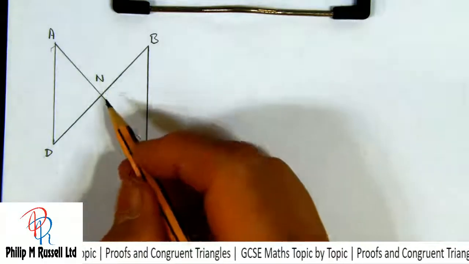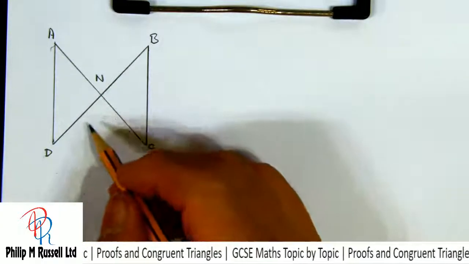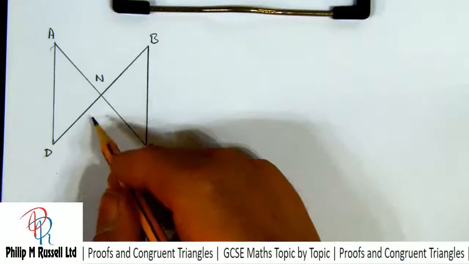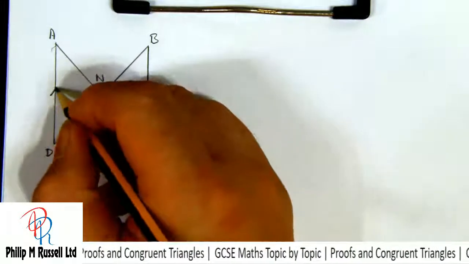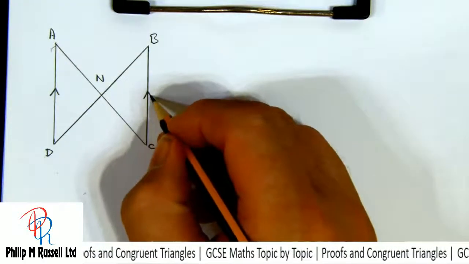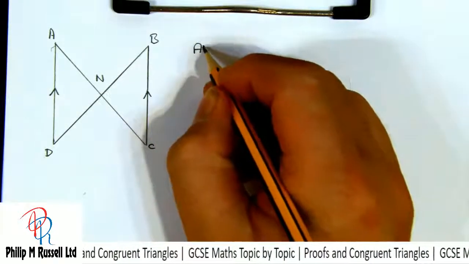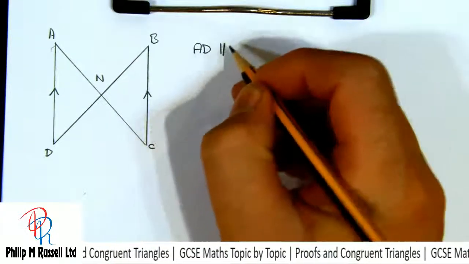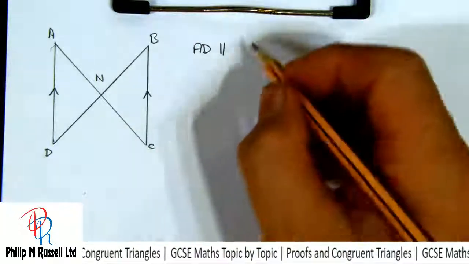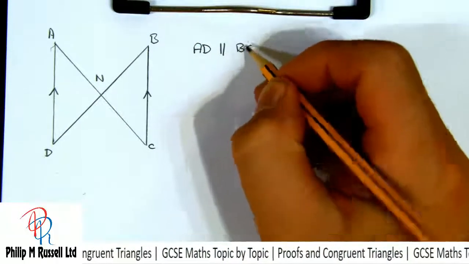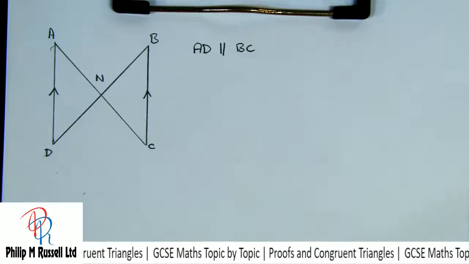Now, let's imagine that I'm told some things before we start. We're told that these 2 lines are parallel. So I'm told that AD is parallel to BC. We're told that before we start.